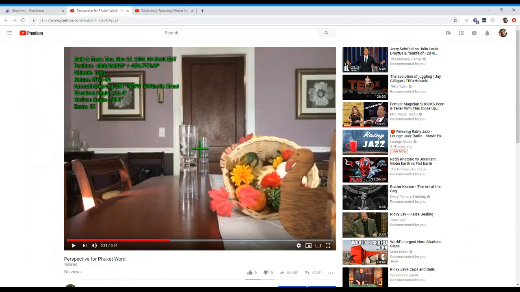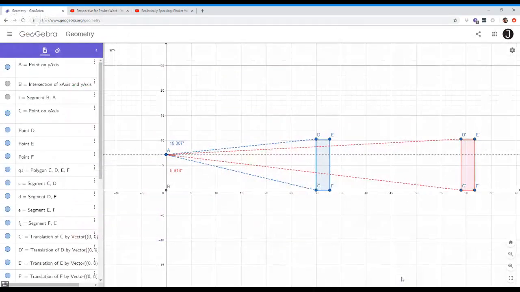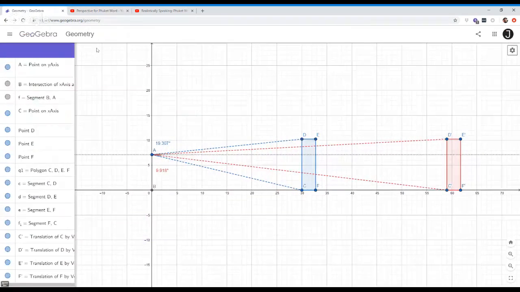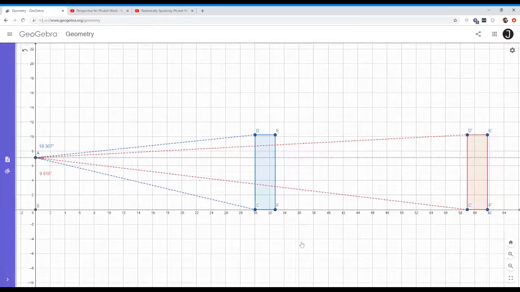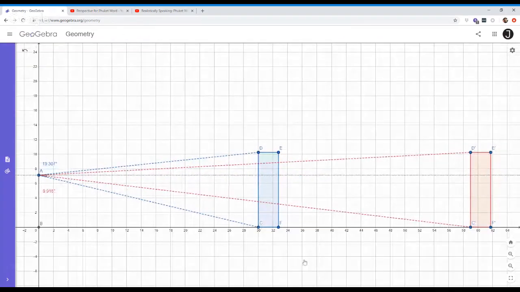You'll also notice that when the ground is closer, I'm looking at a steeper angle, versus when I'm looking at the ground further away, I'm looking at a shallower angle. So what does all this mean? All this means is that this orthogonal side-on view is a perfectly accurate way of representing perspective.